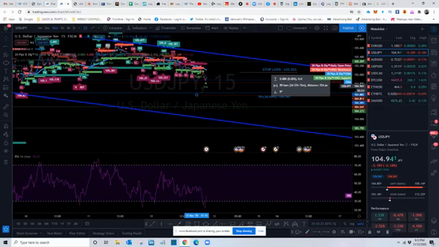What price am I entering? Well, I'm doing a market execution, so I don't really have a price that I would enter in. But if I was to put a sell limit or a sell stop, I probably would enter at the price of 104.597.